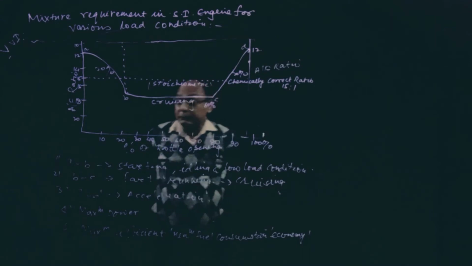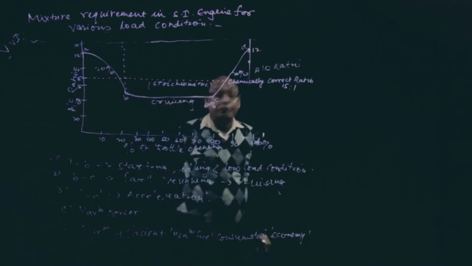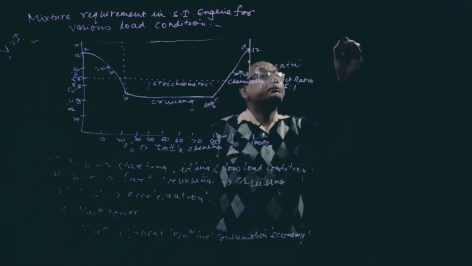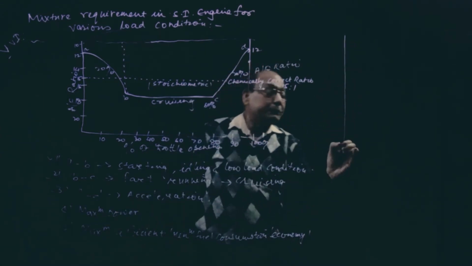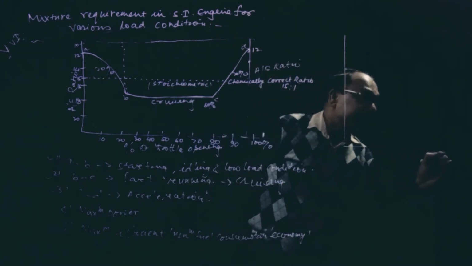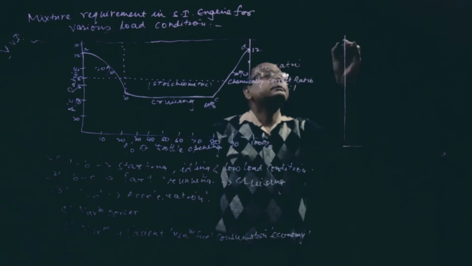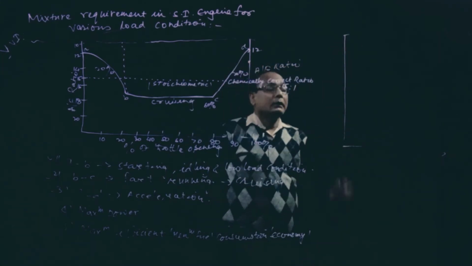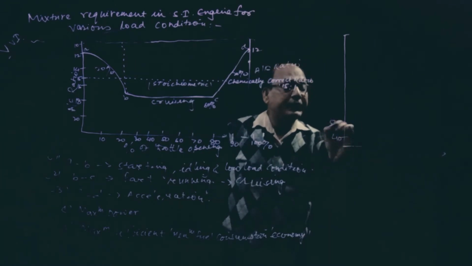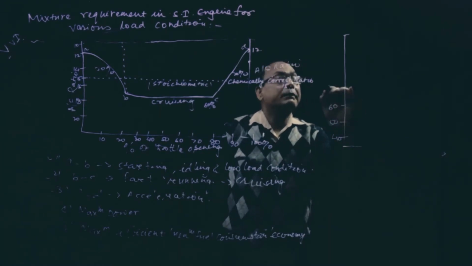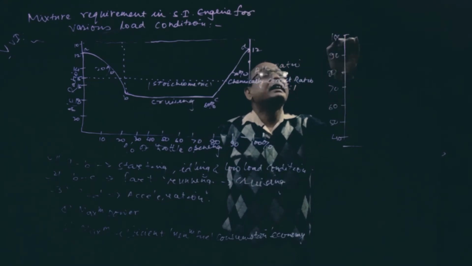Now apart from these 3 portions we have discussed, the 4th portion is maximum power. Points number 4 and 5 can be explained with the help of this diagram. See now, percentage, suppose here I am writing 40, 50, 60, 70, 80, 90, and 100.